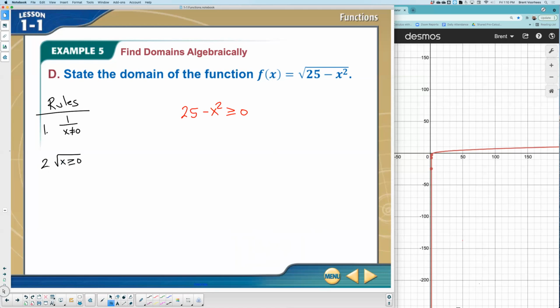I need to solve for x squared. I'm going to do this one a little different just because I like positives. I don't like working with negatives as much. I'm going to add x squared to both sides. So now I have 25 is greater than or equal to x squared.